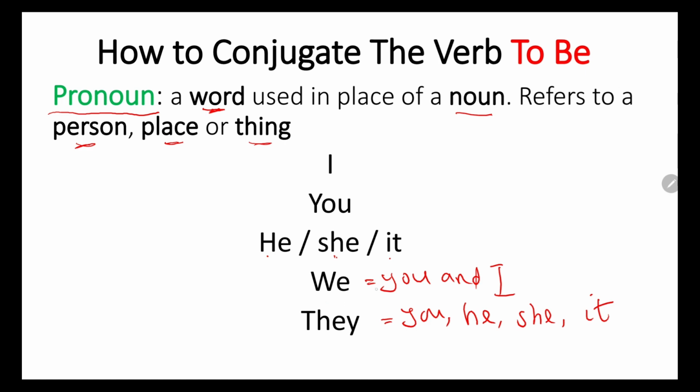So all of these refer to the pronoun that you're looking at. So that's what we mean by pronoun refers to person, place, or thing, and it replaces a noun. We are going to look at more examples to help you understand what a pronoun is and how to use it in a sentence. Great, let us continue.